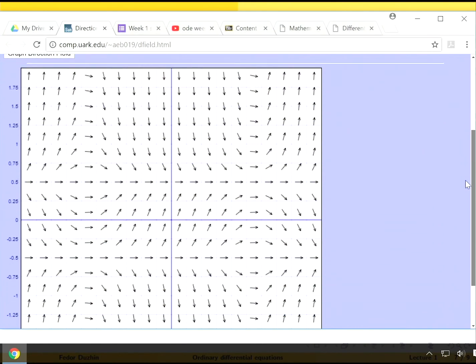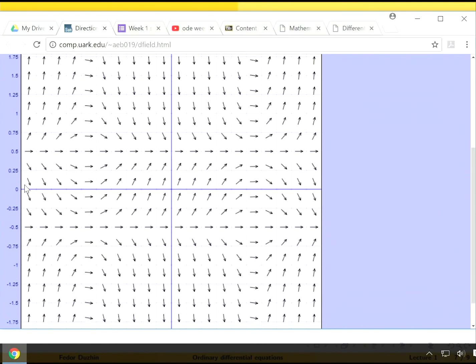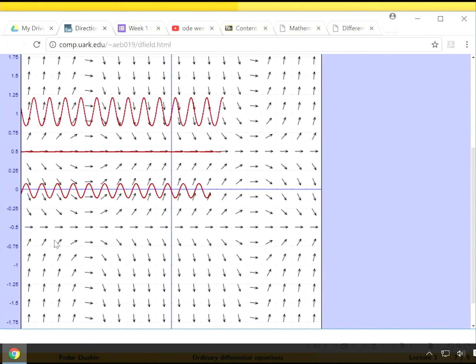This is our tool, and this is between minus 1/2 and plus 1/2. This is exactly 1/2. This is above 1/2, below 1/2. So all of them are oscillating.